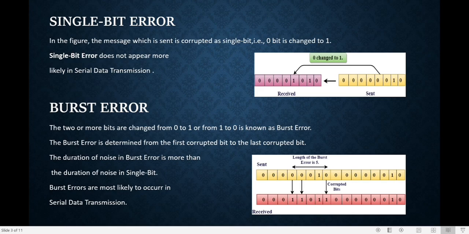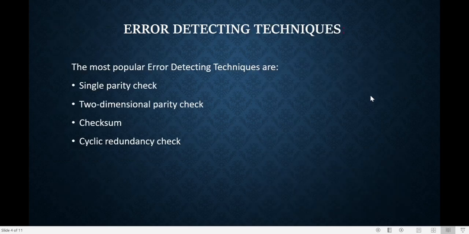The duration of noise in burst error is more than the duration of noise in single bit error. Burst errors are most likely to occur in serial data transmission, where single bit error does not occur in serial data transmission. Next slide is about error detection technique.